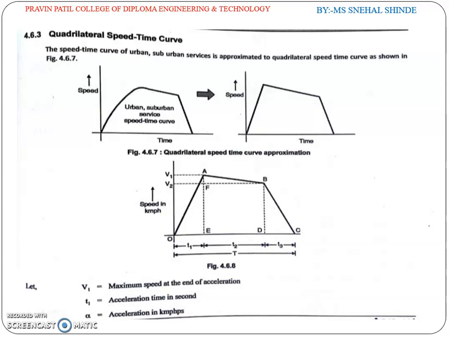While drawing this diagram of speed versus time curve, V1 is the maximum speed at the end of the acceleration. T1 is the acceleration time in seconds. Alpha equals acceleration in kilometer per hour per second.